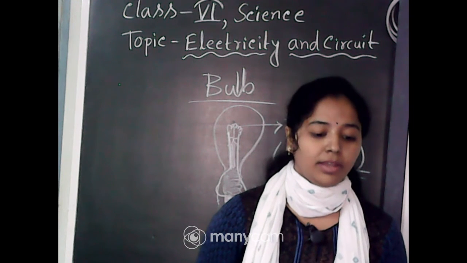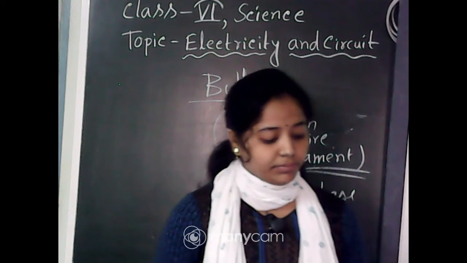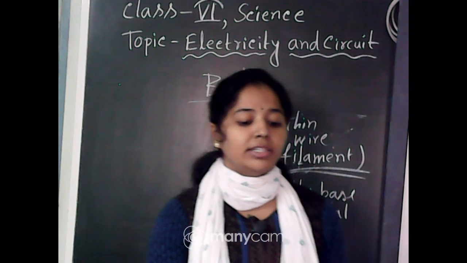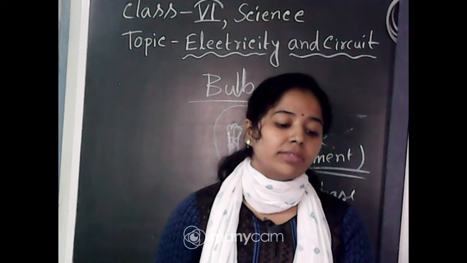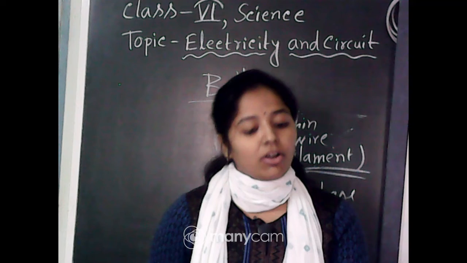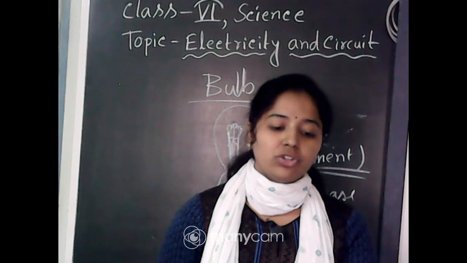No problem. So we can say that an electric bulb consists of a thin wire called a filament that glows due to the passage of current.